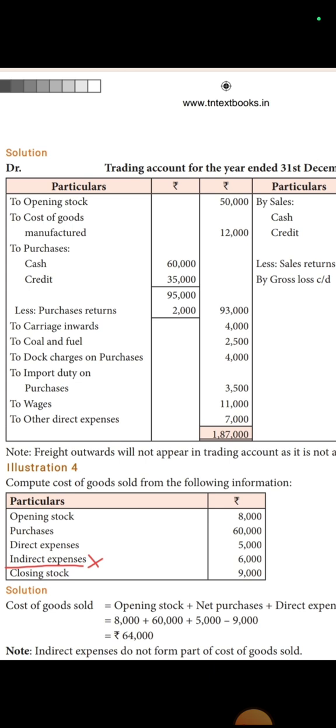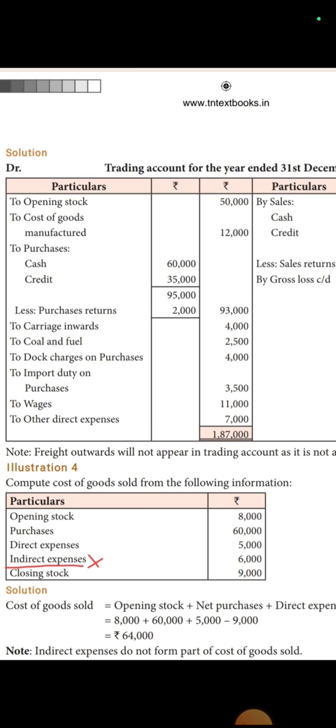The cost of goods sold is 1 lakh rupees with the 20,000 profit, right? With 20,000 rupees profit, you sold goods for 1 lakh 20,000 rupees. So 1 lakh 20,000 rupees is called sales. 1 lakh rupees is called cost of goods sold.